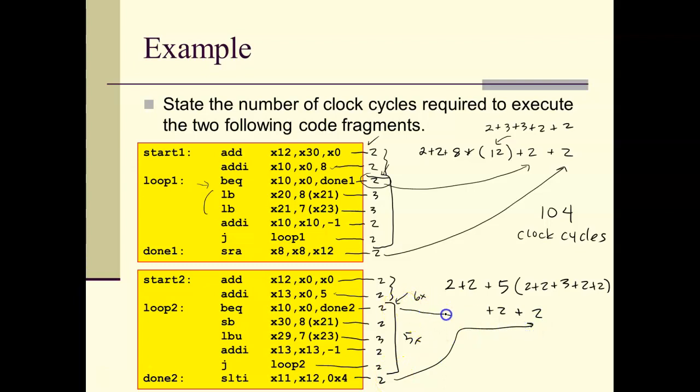So this is the extra instruction that causes it to jump out of the loop, and we have to include that. So this is 2, 4, 6, 8, 10, 11, so this is 55. 55 plus 4 plus 4 equals 63 clock cycles.